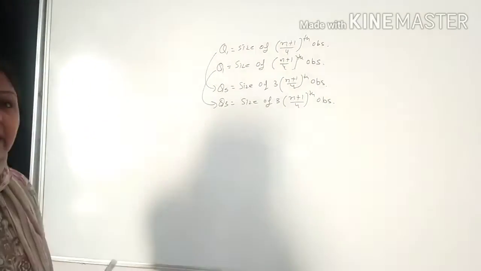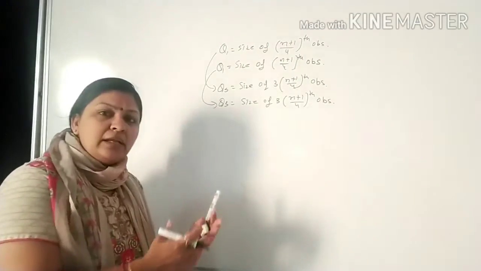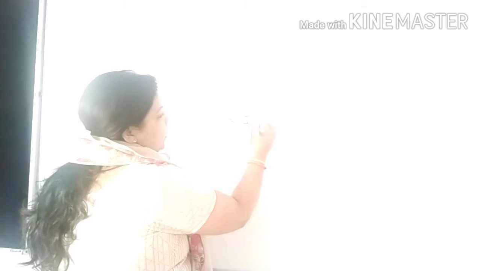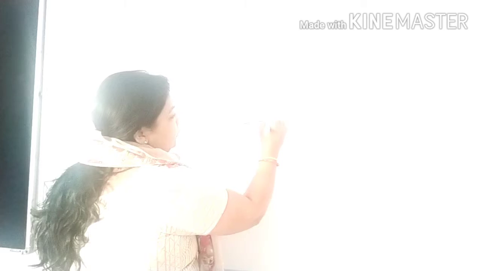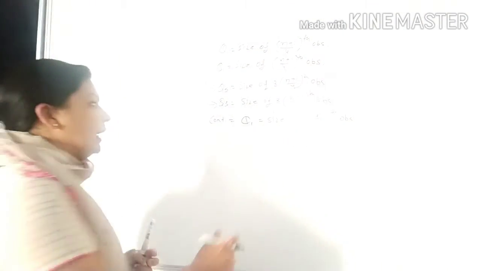Clear? And when we are talking about the continuous series, as in median, we use the double formula. So for the continuous series, Q1 equals size of n by 4th observation. Listen, यहाँ हम plus 1 का फंडा यूज नहीं करेंगे.